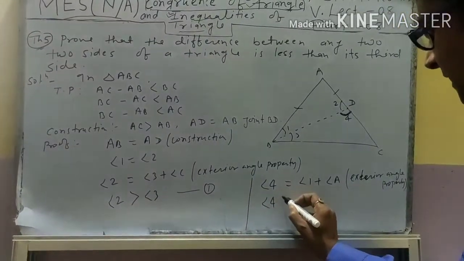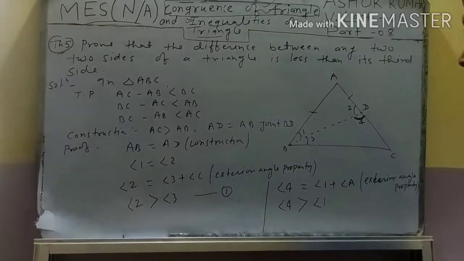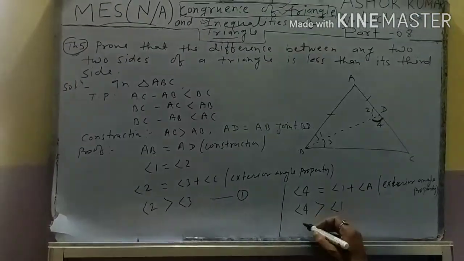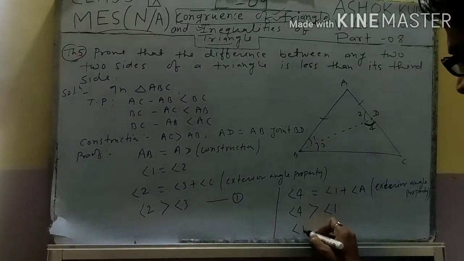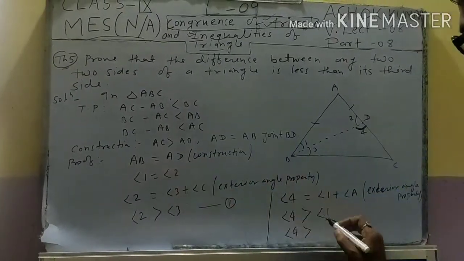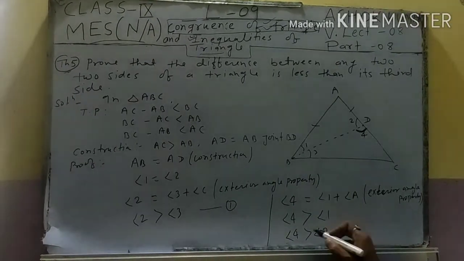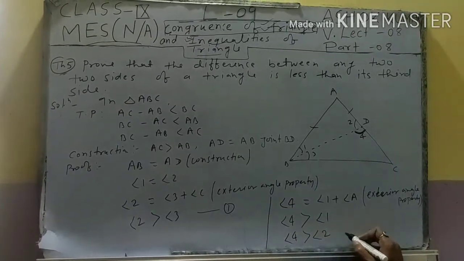So angle 4 is greater than angle 1. Look here, angle 1 is equal to angle 2. Okay student, so angle 4 is greater than angle 2. This is equation second.